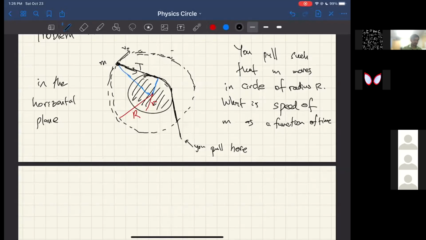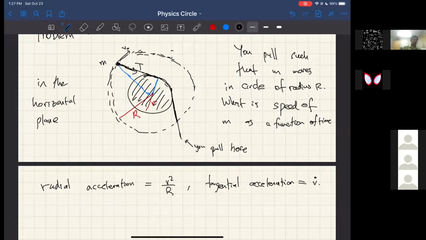Now we know that the radial acceleration equals v squared over r, and the tangential acceleration equals v dot, if v is changing as a function of time.